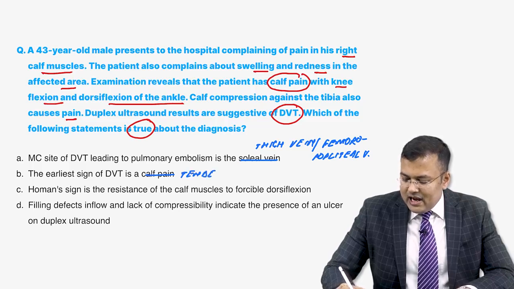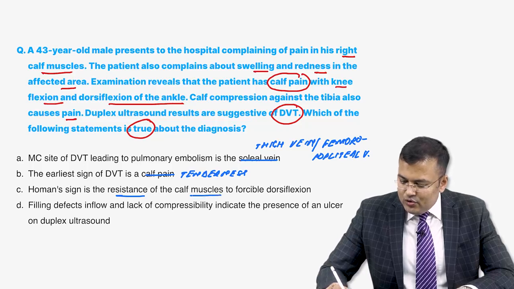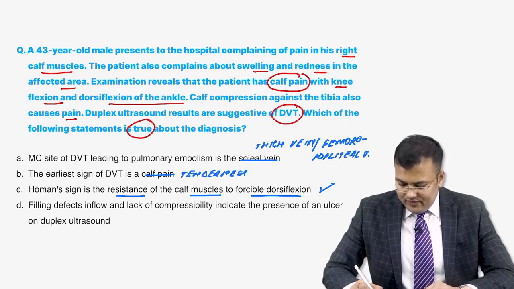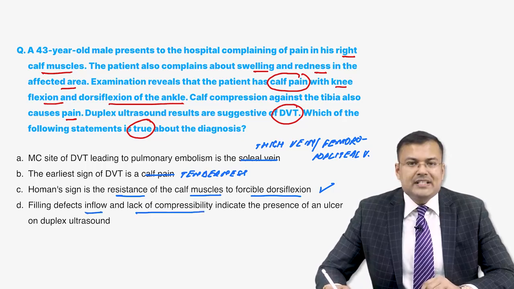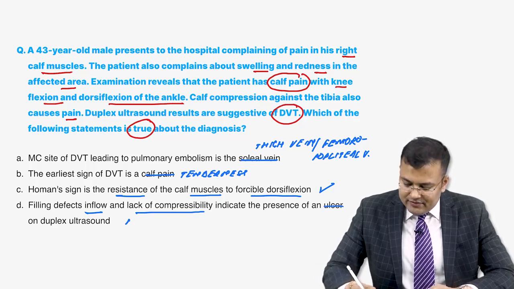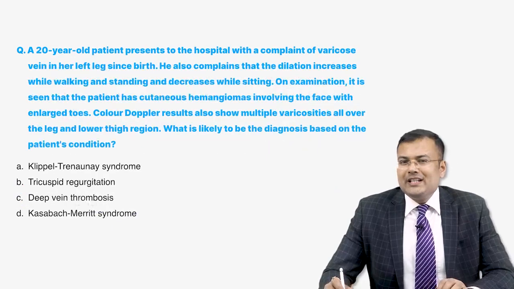Yes, Homan sign is the resistance of the calf muscle to forcible dorsiflexion. This is correct. Filling defects, inflow, lack of compressibility indicate presence of an ulcer? No, it indicates presence of DVT, not the ulcer. So what is the correct answer here? Correct answer is C.